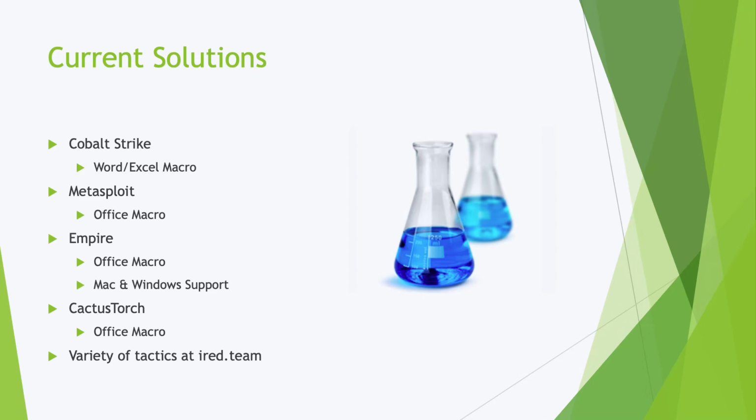One of the ones I came across that has been pretty effective in the past is Cactus Torch. For those that don't know what Cactus Torch is, it's a way of embedding a COM object into a Word document and then using that COM object to run your code. It's a little bit more effective than a lot of the others because it's harder to pick up on.